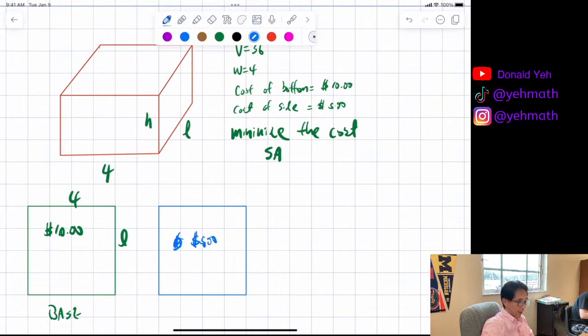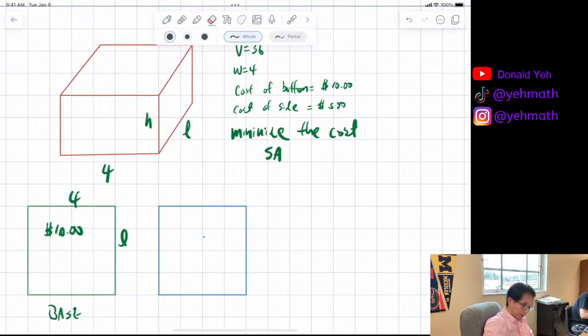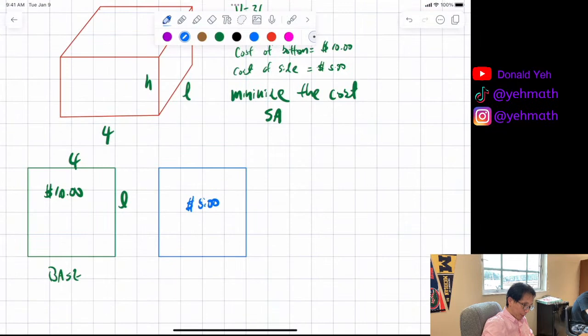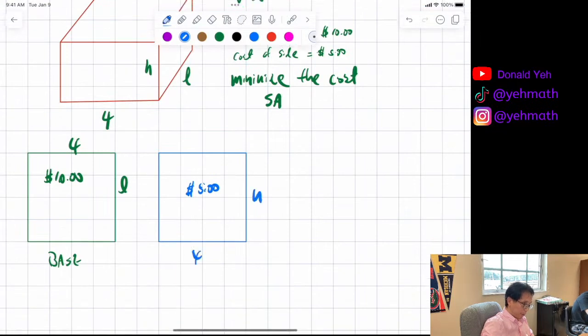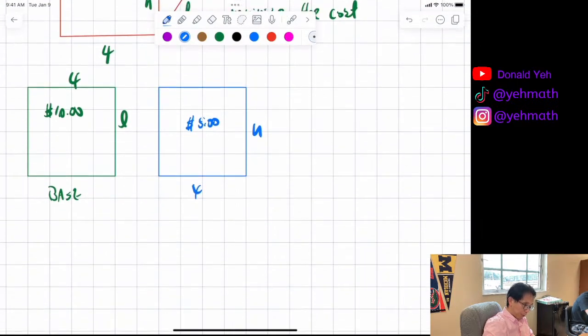Which side are we talking about? It doesn't matter which side, you just have to pick one. 4 times height. That's still $5. So 4 times height, and there should be 2 of them because there are 2 sides.